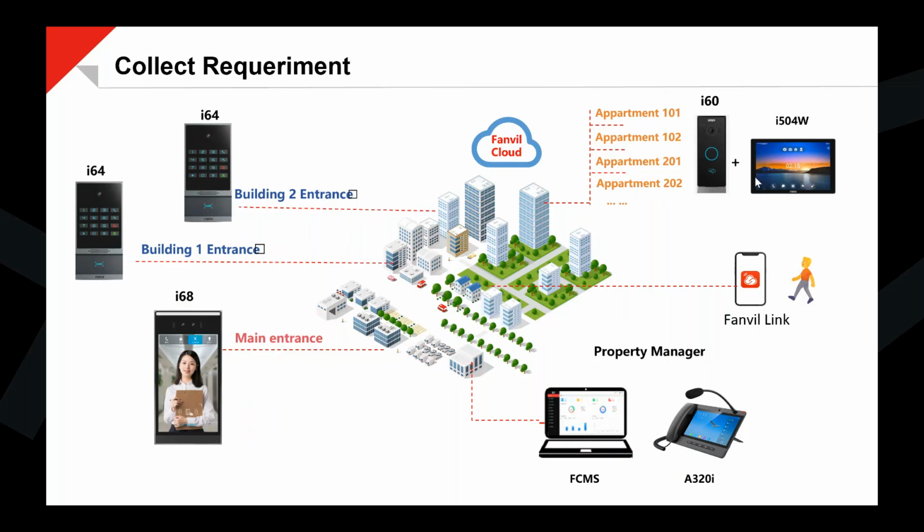I have a question. I already have an FCMS account, but no licenses are available. How do I get them? As already explained, if you have projects that include indoor stations, the monitoring devices, you don't need licenses. But if you want licenses, you just need to contact our sales.